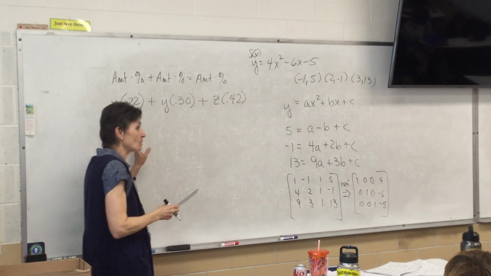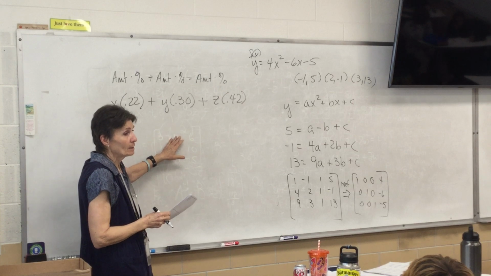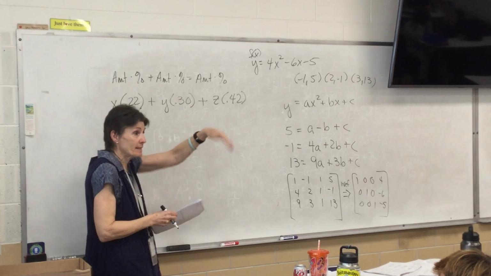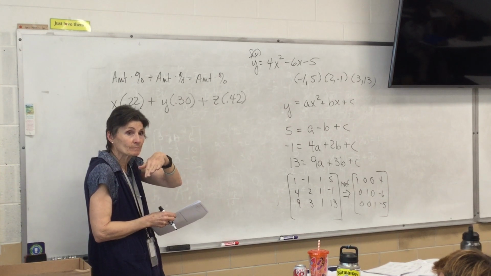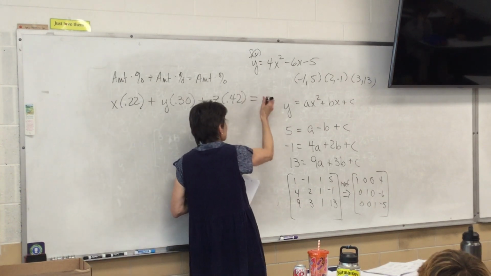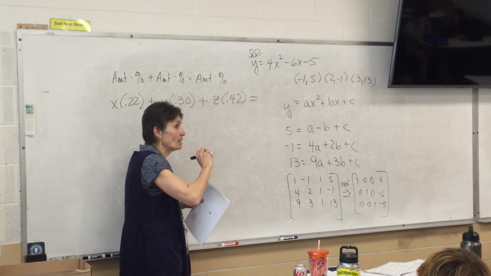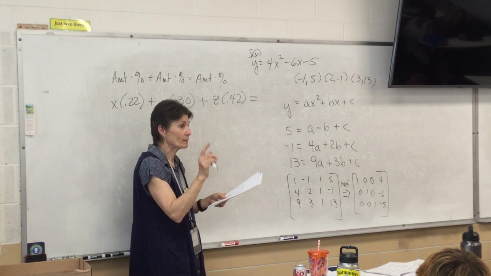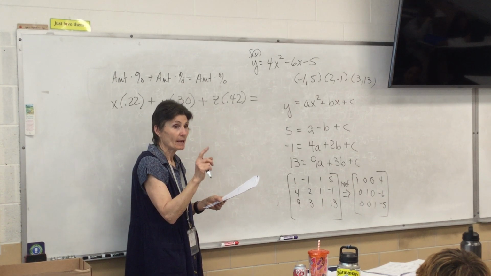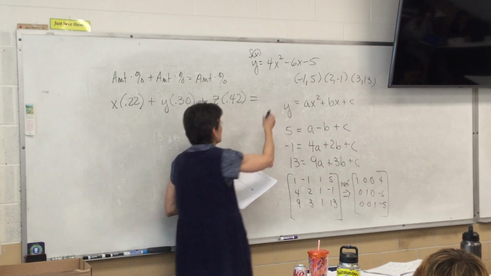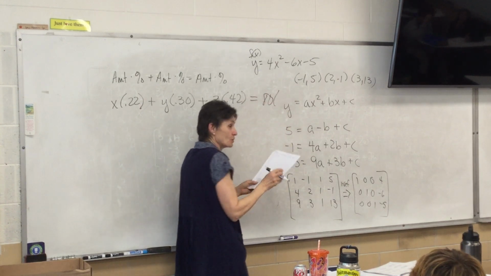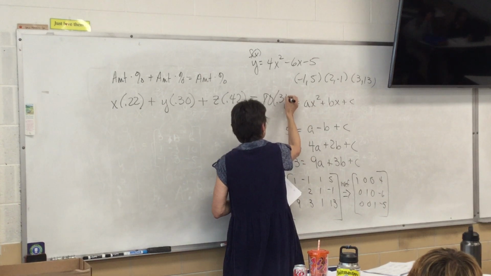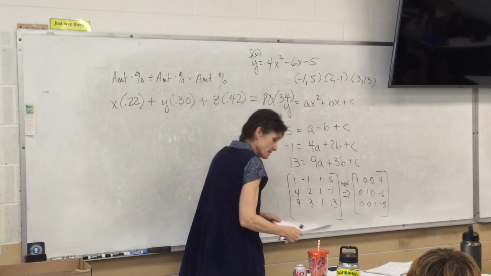So X, Y, and Z are representing the amount of each kind of alloy that I have. Now that has to end up equaling the total amount, which is what? What is my total amount going to be? 80 times the percent of the total, which is 34. So there is the equation.